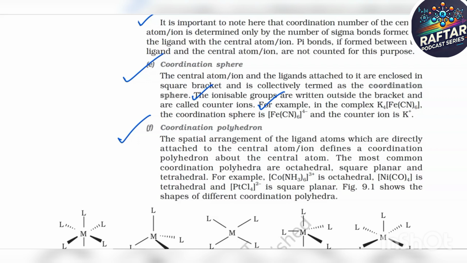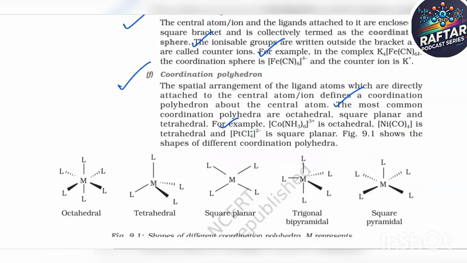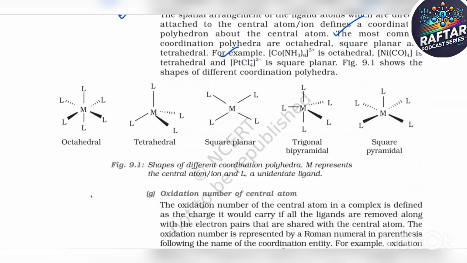For example, [Co(NH3)6]3+ is octahedral, [Ni(CO)4] is tetrahedral, and [PtCl4]2- is square planar. Figure 5.1 shows the shapes of the different coordination polyhedra. First is octahedral, second is tetrahedral, third is square planar, fourth is trigonal bipyramidal, and fifth is square pyramidal.